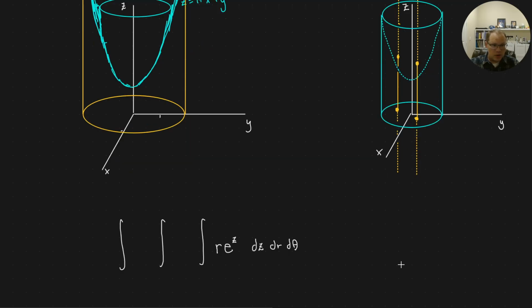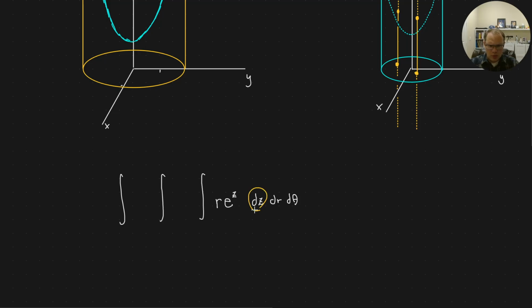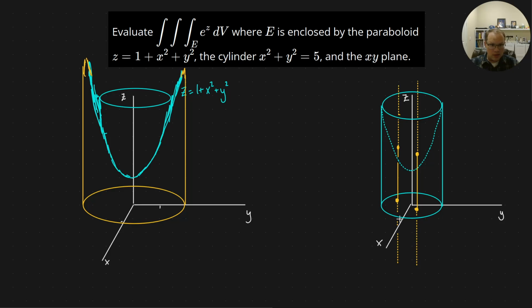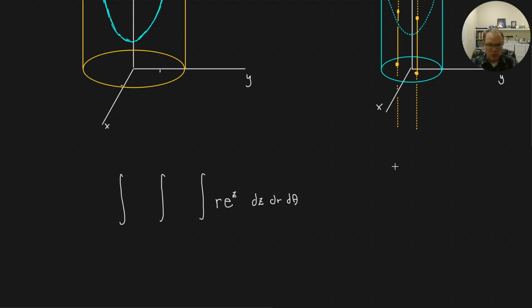So it's just the same as we have been doing. For each one of these little strands, we just want to go from lowest point to highest point. Each strand enters in through the xy plane. The xy plane is the plane z equals 0, so we're starting at z equals 0.